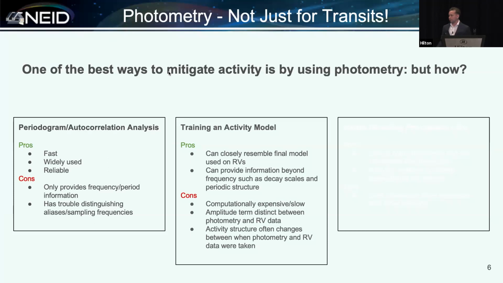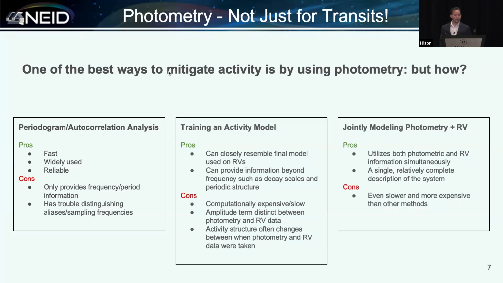This can tell you a lot more than just frequency. It can tell you about decay time scales and things like that, but it can be expensive, especially since photometry data sets are oftentimes very large, especially compared to RV data sets. Jointly modeling is another strategy that people can use. This is even more computationally expensive, unfortunately, but it can shed light where some methods haven't, and it is, of course, used.